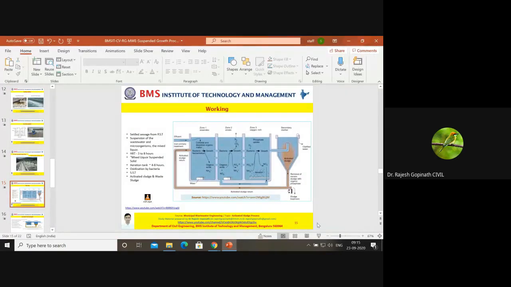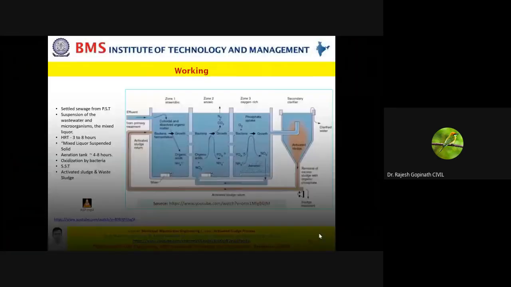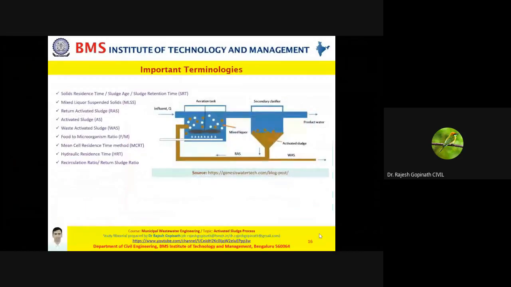Now let's continue. I hope you understood in a very simple manner the working of your activated sludge process. Now let me tell you some of the important terminologies when it comes to the activated sludge process. Let's look at the image first. This is your aeration tank. You have wastewater coming from the primary sedimentation tank.